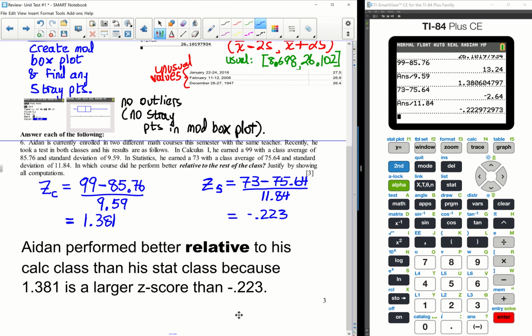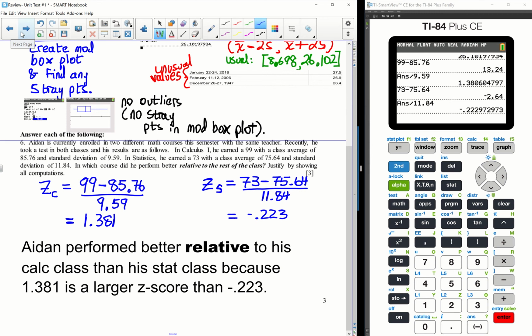It's not really a statistics problem if I say, in what class did he perform better? That's not even grammar. A 99 is larger than a 73. We know what class he's doing better in. It's a question of relative to the remainder of the class, where is he at? So he's above average in the calc class and below average in the stat class.